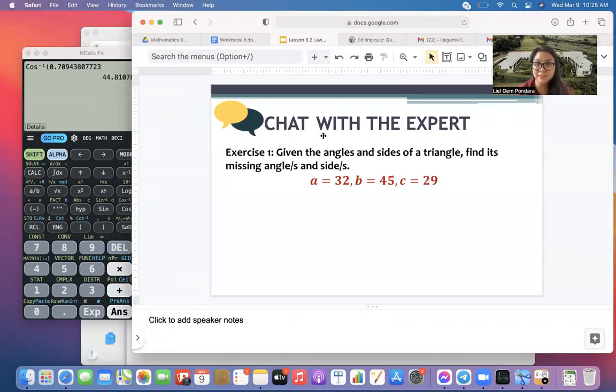The given is 3 sides, so you start with an angle.